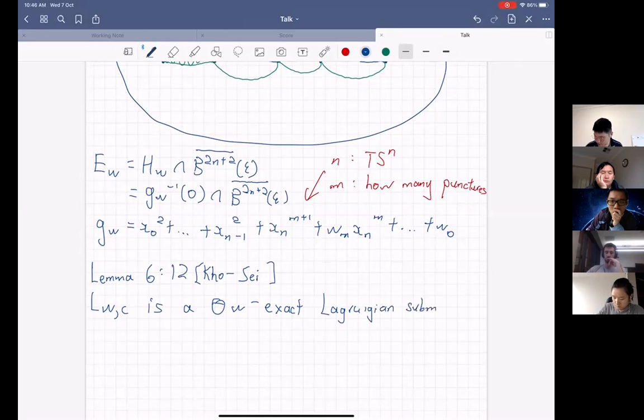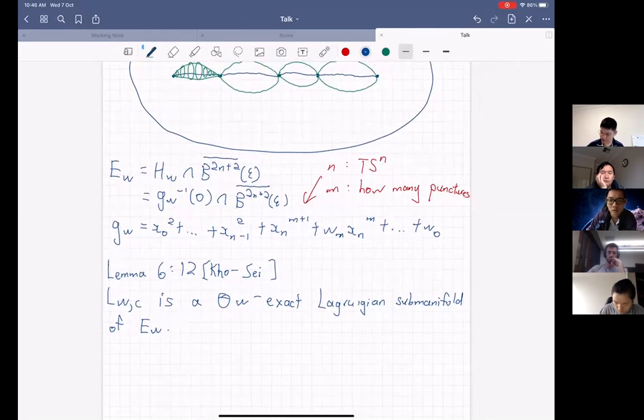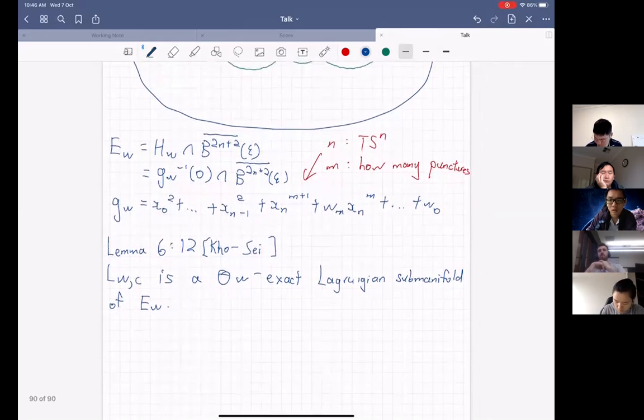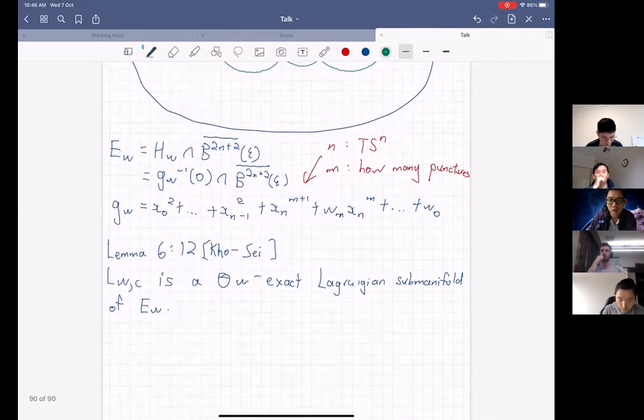A lot of the arguments use exactness. Maybe the Floer cohomology is easier to compute if it is an exact submanifold. So can I ask Brian what this cohomology means?